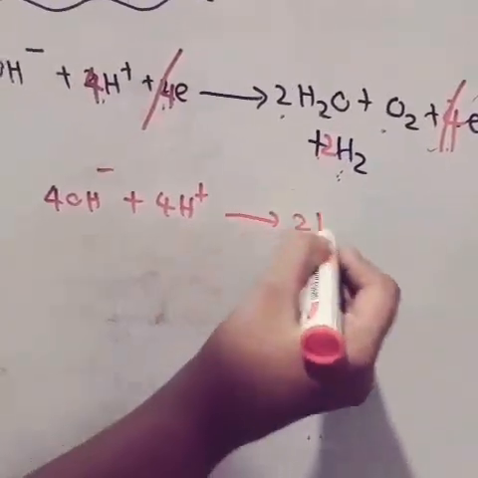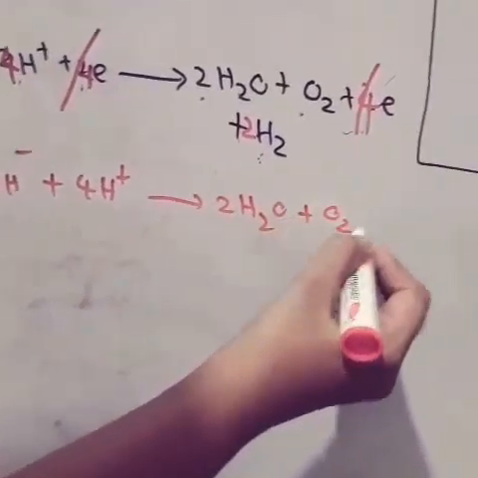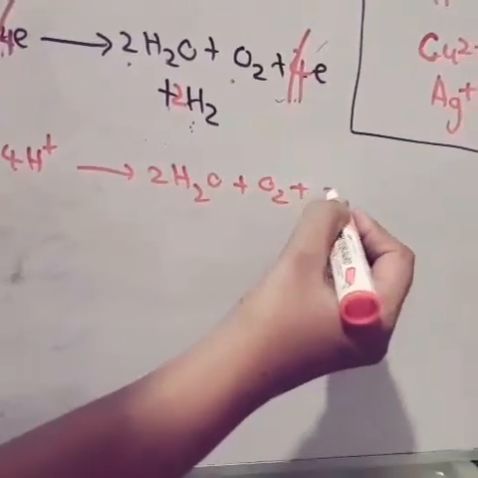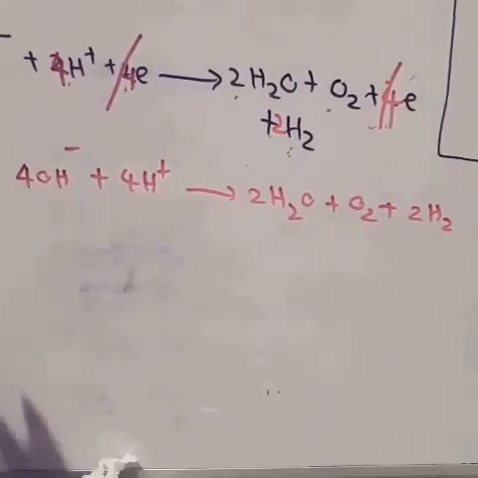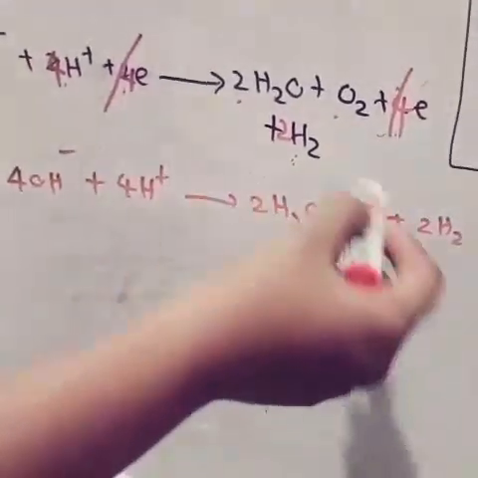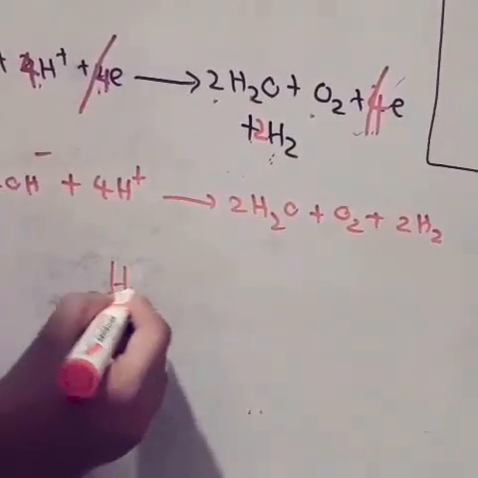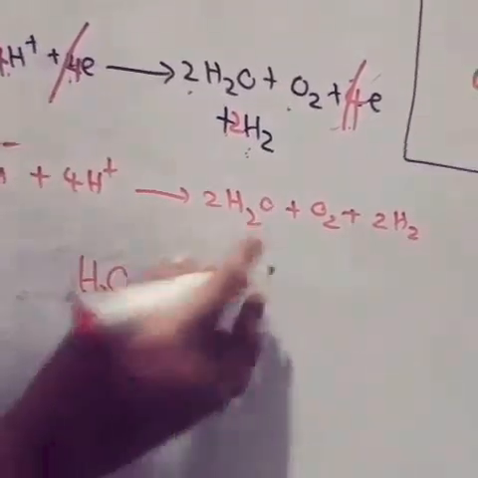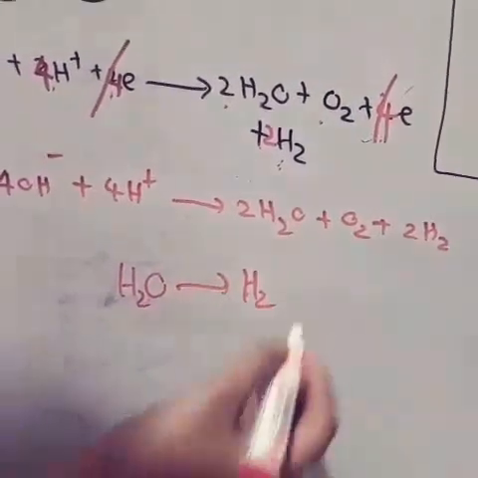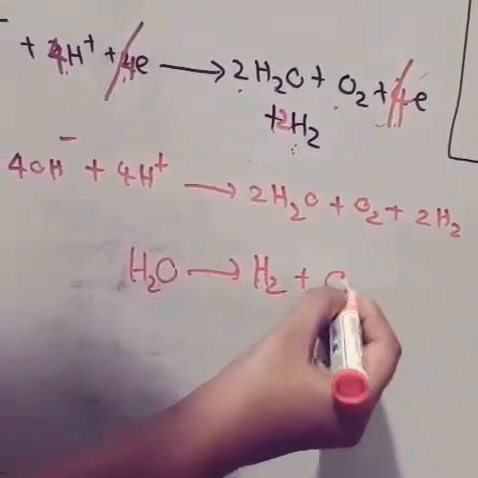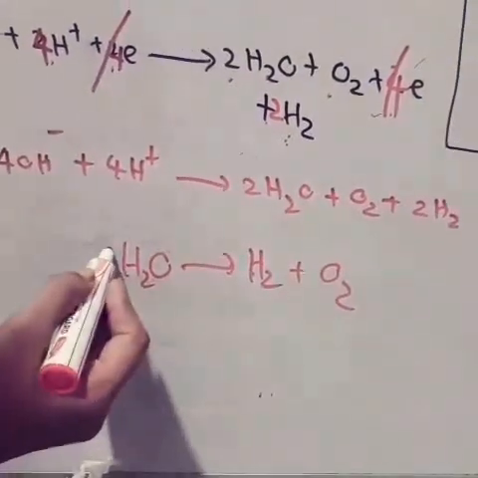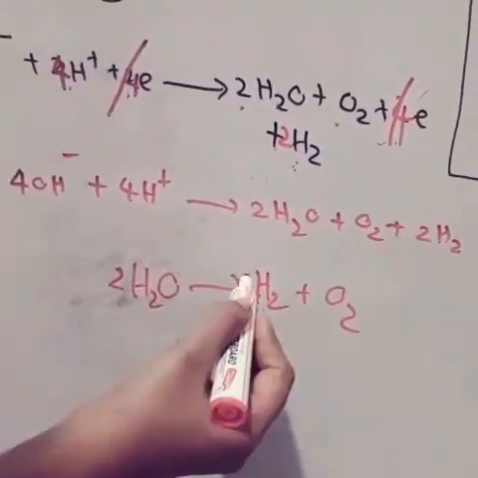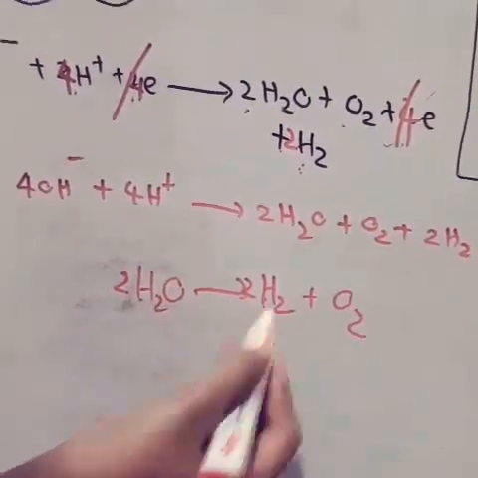That's all. Now the final thing is 4OH minus plus 4H plus turning into 2H2O plus oxygen plus 2 hydrogen molecules. Finally, the water is breaking into hydrogen and oxygen. If you want to balance this, we have to put 2 here and 2 here.